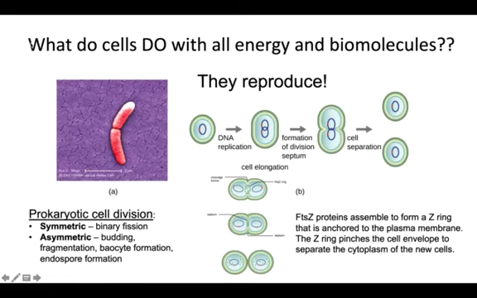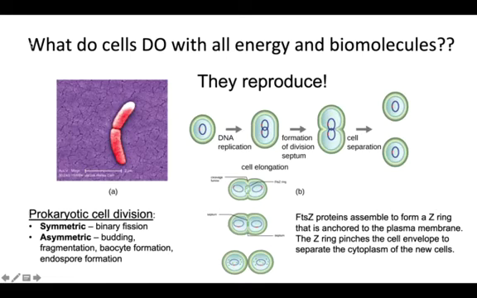So anyhow, usually bacteria will reproduce asexually by binary fission. And binary fission is actually a symmetric form of cell division.